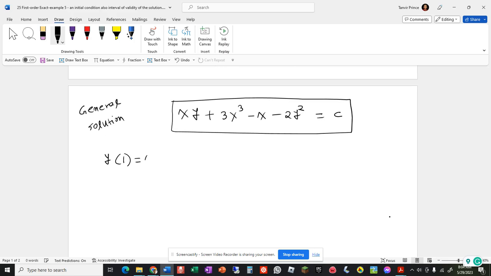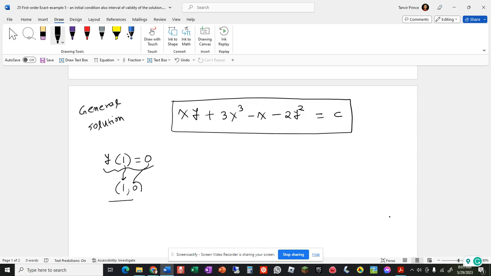And again, you can do this using GeoGebra geometrically. Remember, you create a bar for C and you move the C around, and this initial condition means the graph has to go through the point 1 comma 0, because here the x is 1 and y is 0.